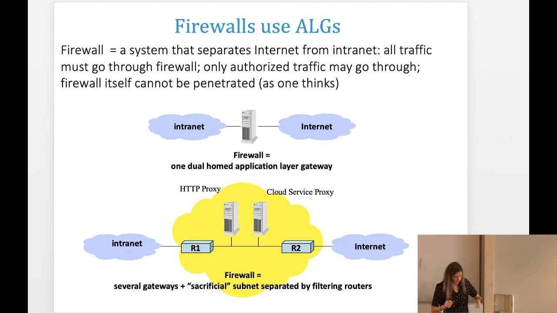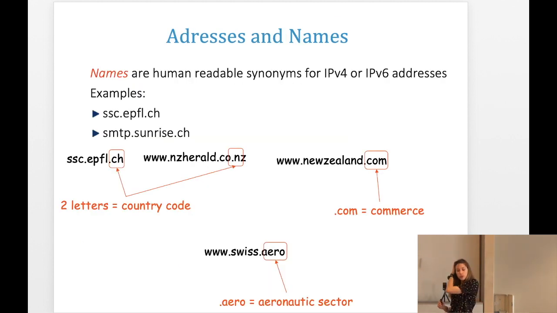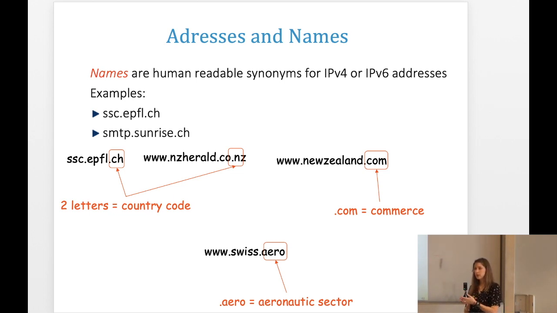So this was about application layer gateways. We saw that to send messages, we need to know the IP address of the destination. But most of the time, you don't know by heart the IP address of Facebook, for instance. So you don't type the numbers of Facebook, but you just use the names. So we have this other naming scheme, which makes it easier on humans.